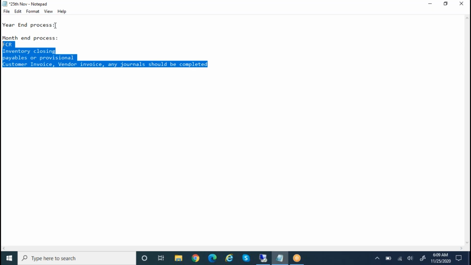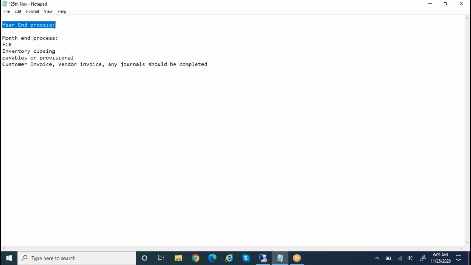Along with this, for the year-end process, a new financial year should be created. This is the prerequisite for the year-end process. This is a must.